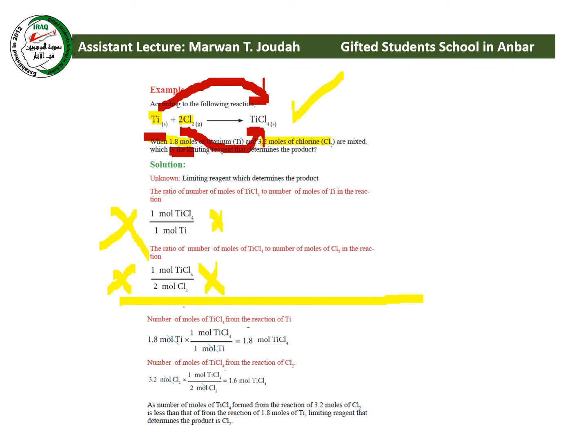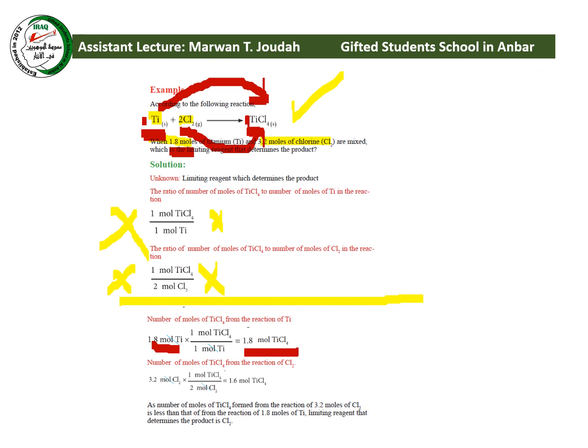So we write down 1.8 moles of titanium times, we will be dividing the number of moles in the equation, so for the TiCl4 over Ti, how many moles? We have nothing here, so it's 1 mole of TiCl4 over 1 mole of the titanium. So 1 over 1 gives us the same thing, 1.8 moles of TiCl4. This is the first one.